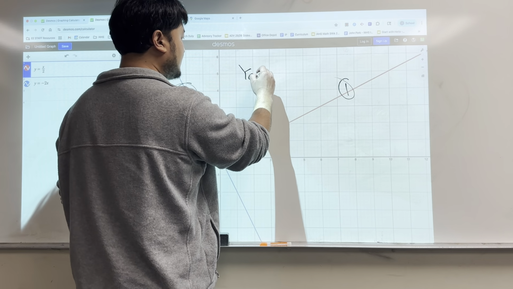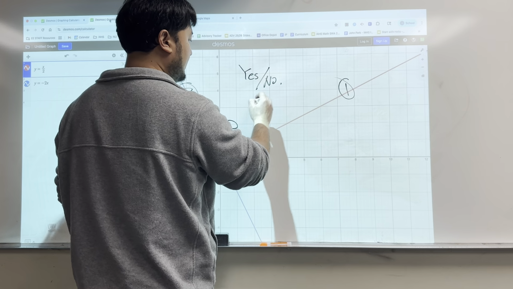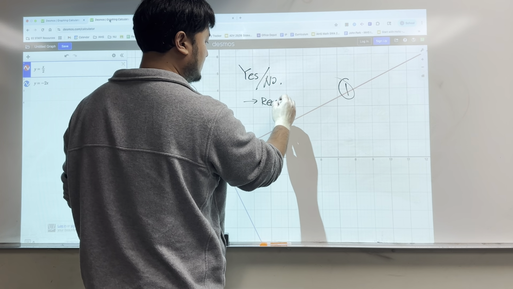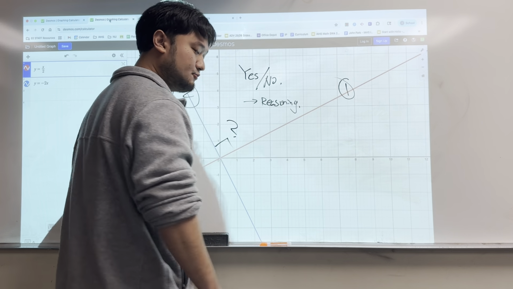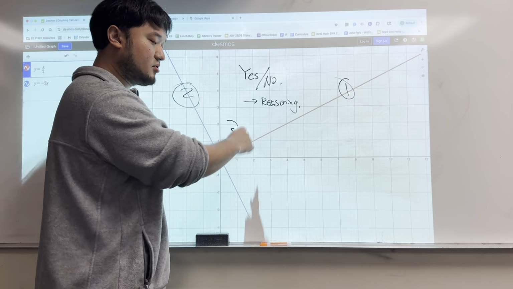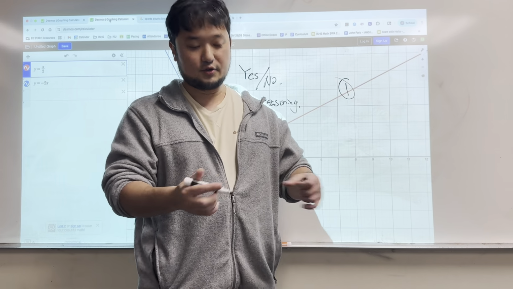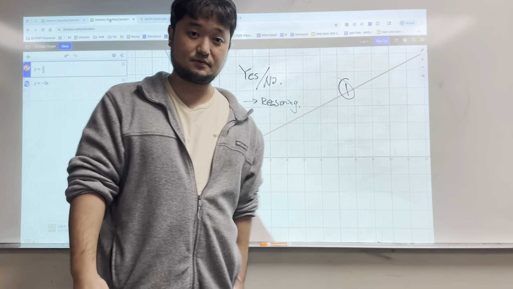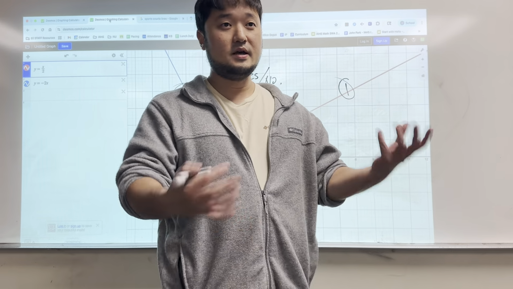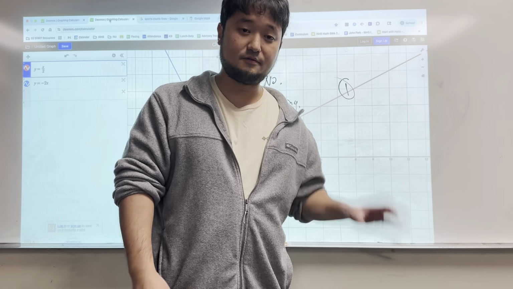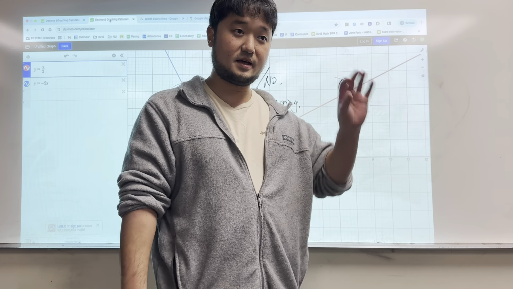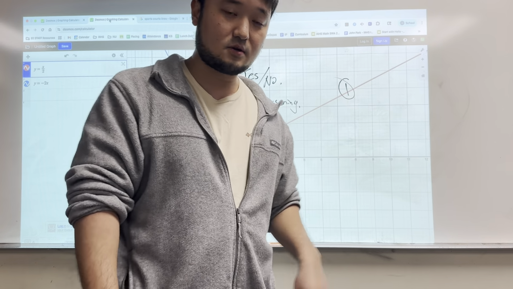The answer should be yes or no, and your reasoning is required. Your reasoning should involve your calculation of the slopes for both of the lines, and then coming up with the multiplication of those two slopes.